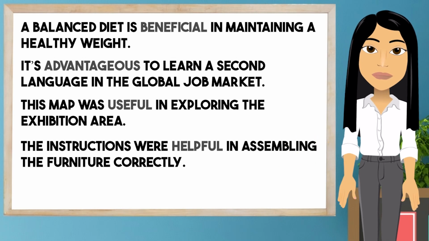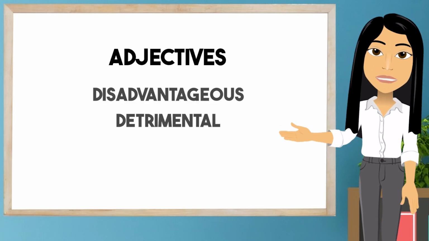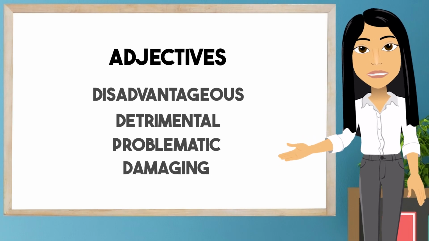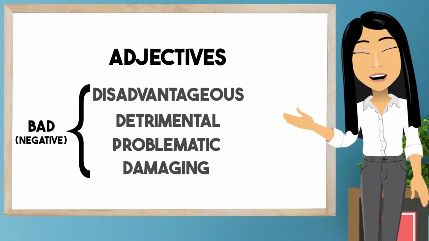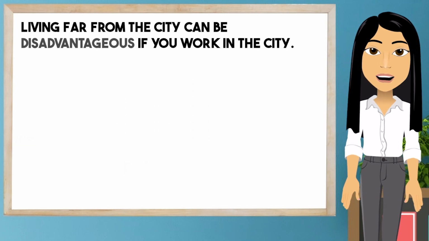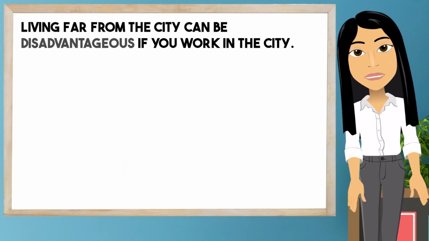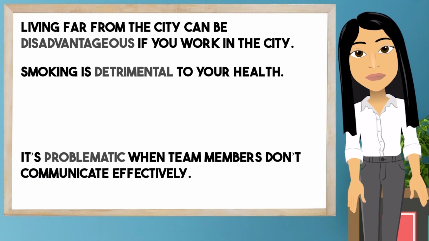Similarly, adjectives like disadvantageous, detrimental, problematic, or damaging can be used instead of simply saying something is bad. Take these sentences for example. Living far from the city can be disadvantageous if you work in the city. Smoking is detrimental to your health.